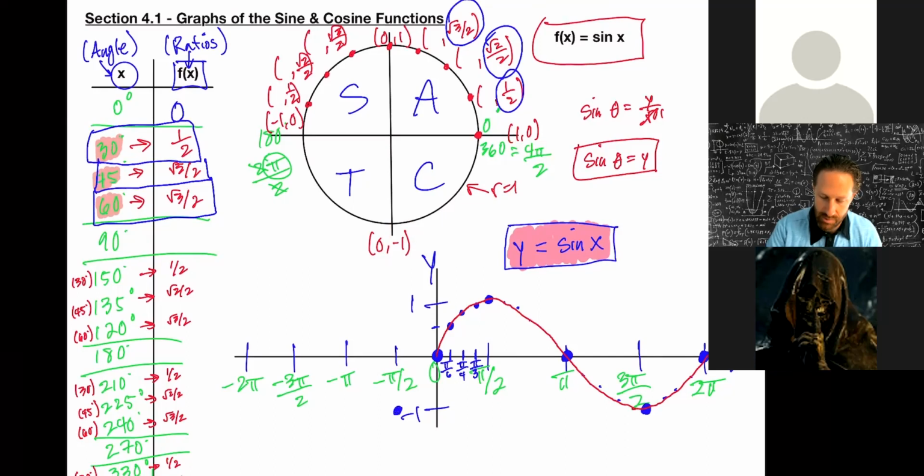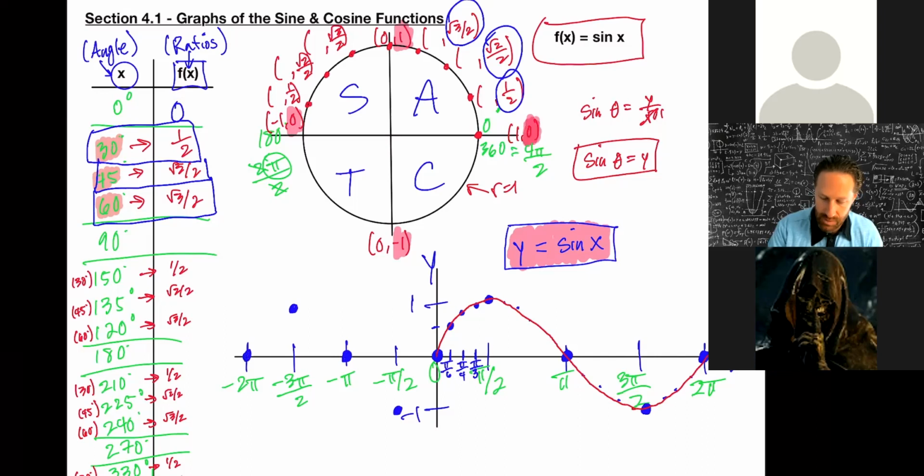Then it would have gone to what? 0. Good. Back to the 0 at -pi. Then what? 1. Up to a maximum of 1, and then back to what? 0.